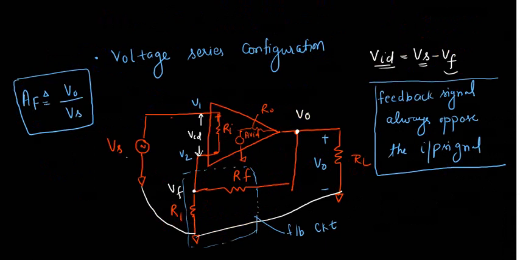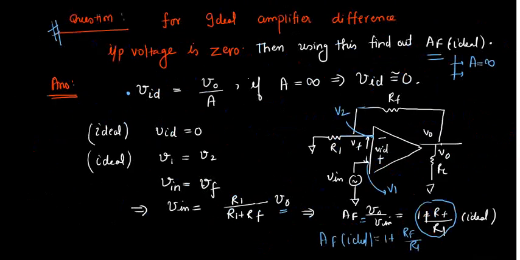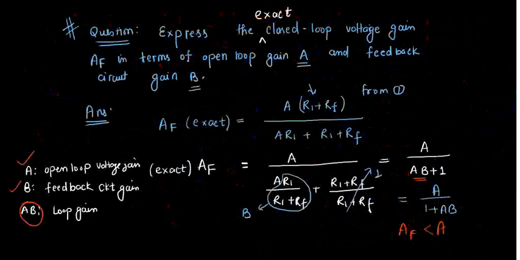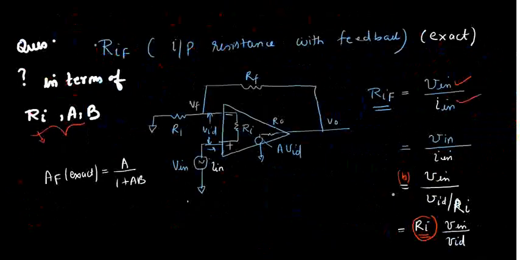But now you have seen that this block is nothing but an amplifier with gain B, and this is nothing but something which gives the output, which is A times VID, right? So don't get confused. Just ignore it for now. When you study control systems, it will become more clear to you. You might have the course, right?